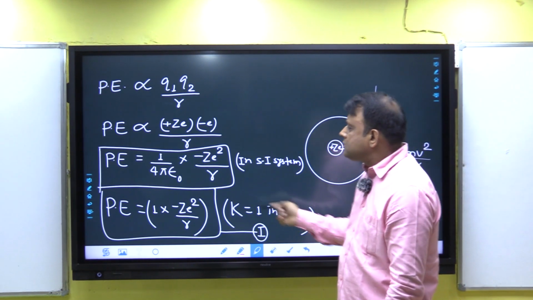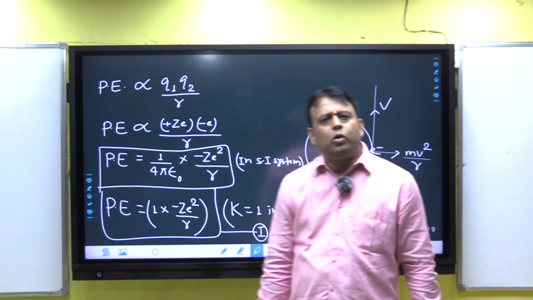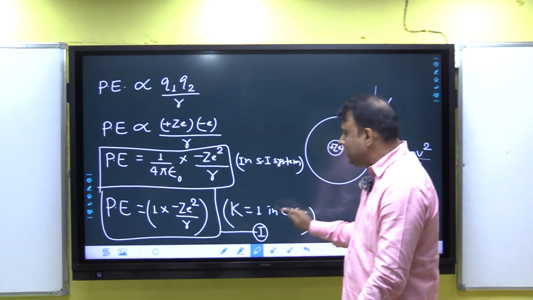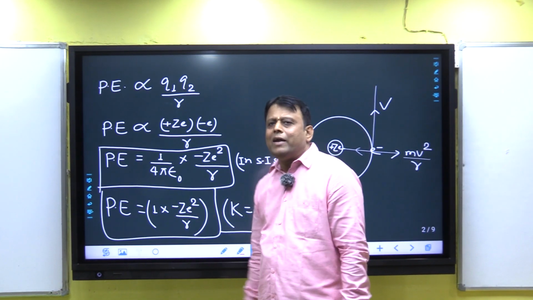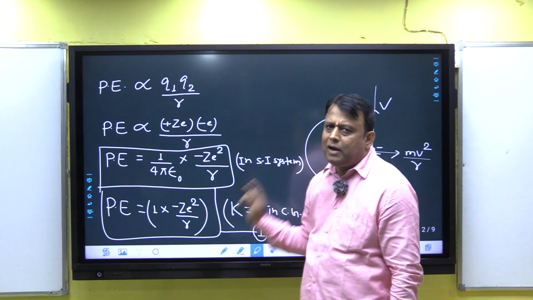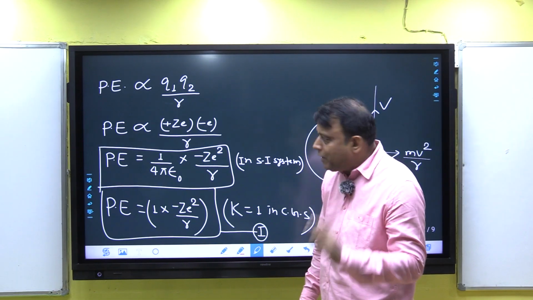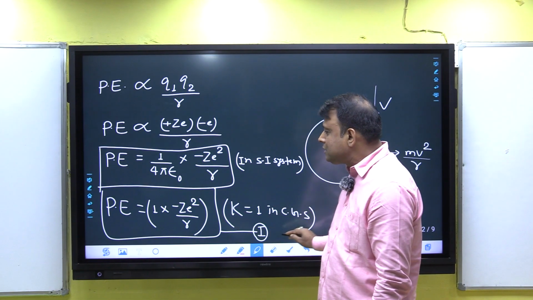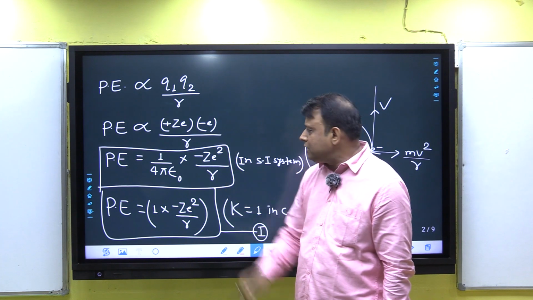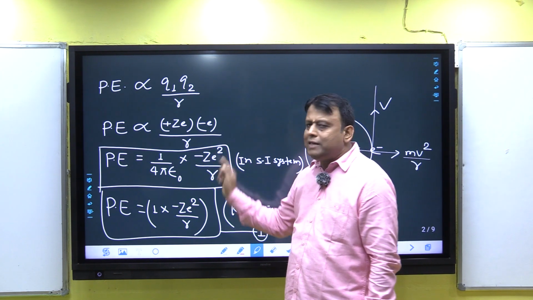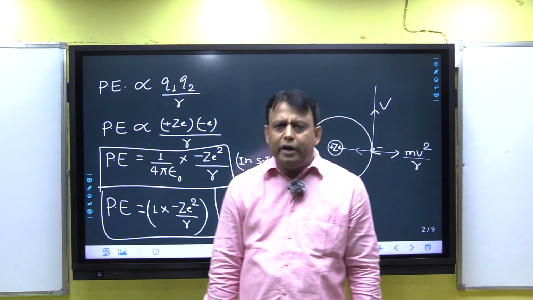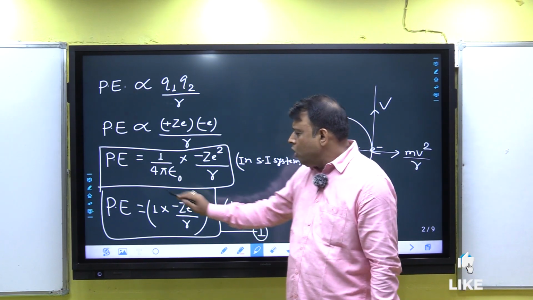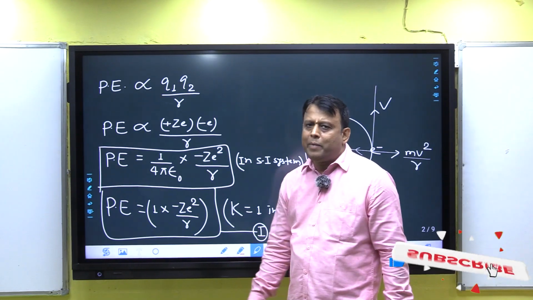Again, in CGS system, the value of 1 by 4 pi epsilon naught, that means the proportionality constant, is equal to 1, and hence potential energy is equal to minus Ze square by R. Always keep in mind, in CGS system potential energy is minus Ze square by R, and in SI system potential energy is 1 by 4 pi epsilon naught into Ze square by R with negative sign.